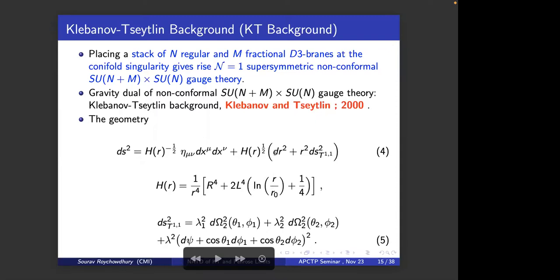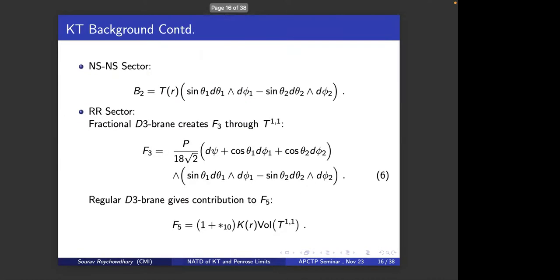Due to the presence of the fractional branes, there are certain differences if you compare the Klebanov-Tseytlin background with the Klebanov-Witten background, in the NS sector. This background contains a non-trivial B field given by this expression, where h(r) is the warp factor.